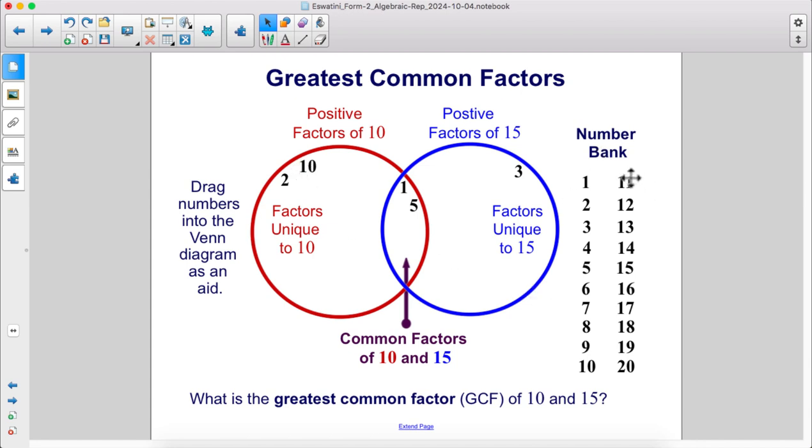Factors of 10 cannot be greater than 10. So therefore, the only common factors are 1 and 5. Therefore, the greatest common factor must be 5.